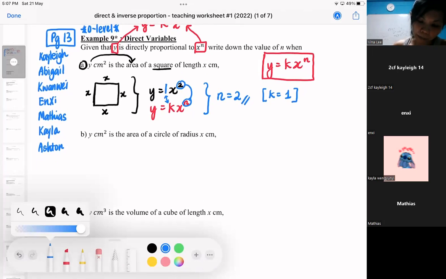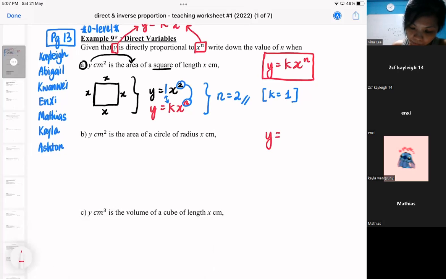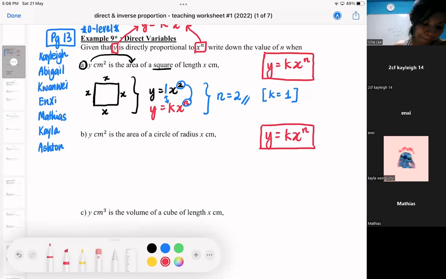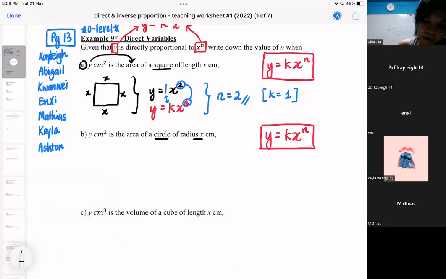it is still a direct proportion, but it is a circle. This is a circle with radius x, and y is the area.